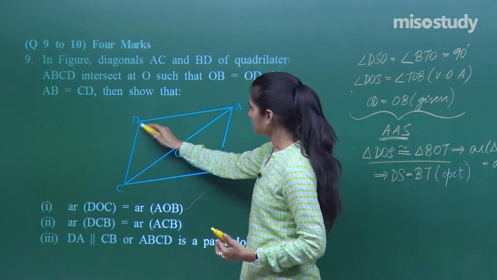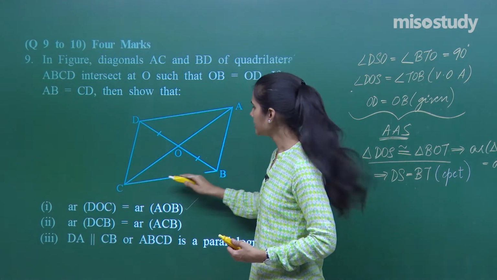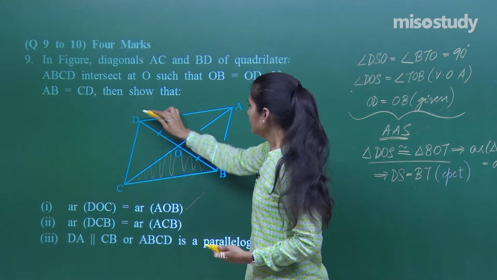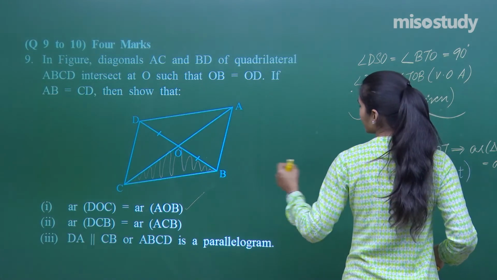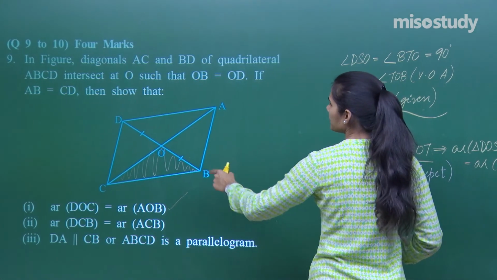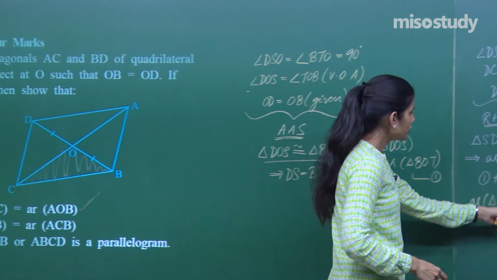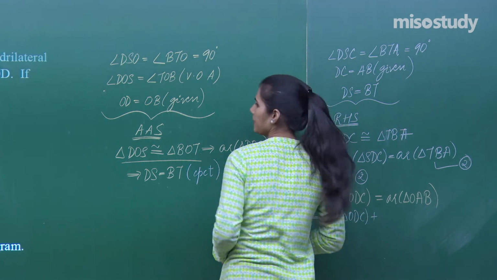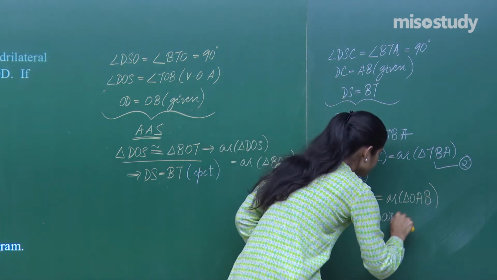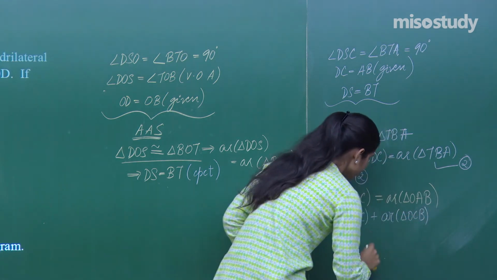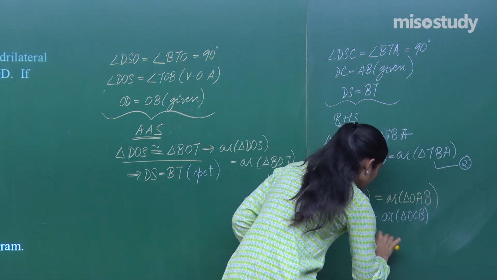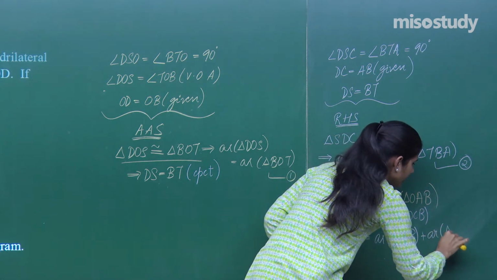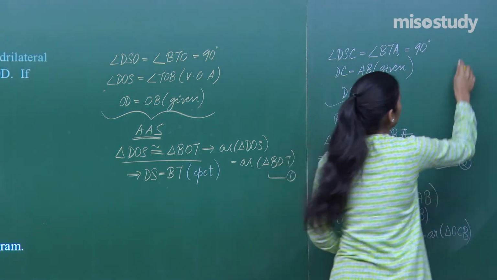Now, if these two triangles ODC and AOB have equal areas, and I add the same triangle's area to both, what will I get? Area of triangle ODC plus area of triangle OCB will also be same as area of triangle OAB plus area of triangle OBC. I am adding the same quantity on both sides, so my equation will not get disturbed.